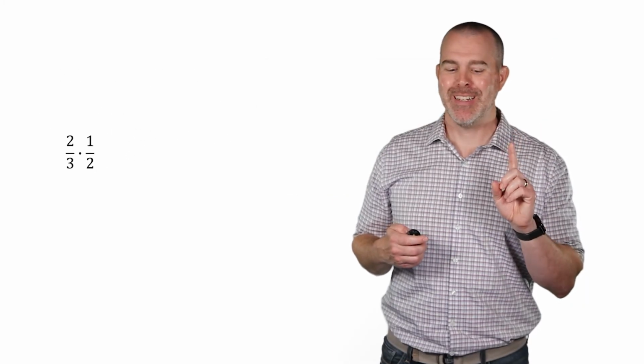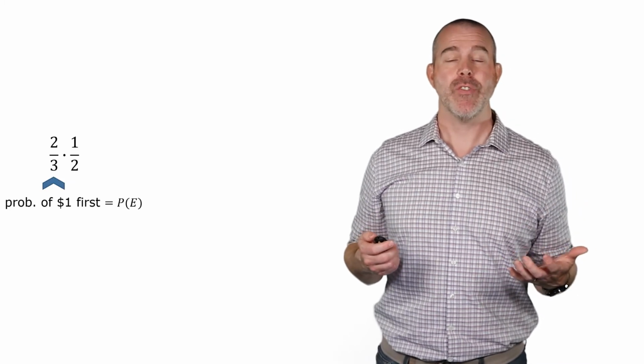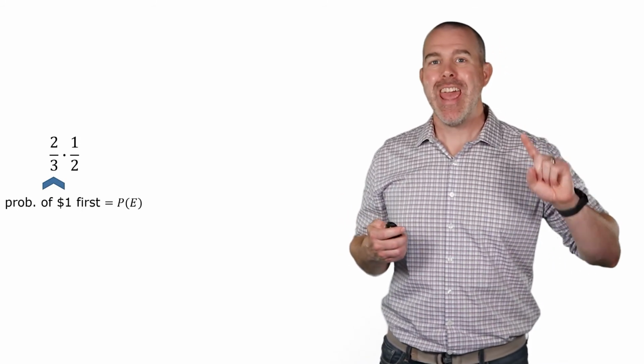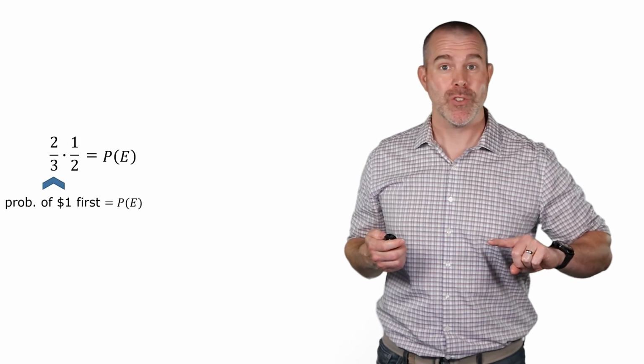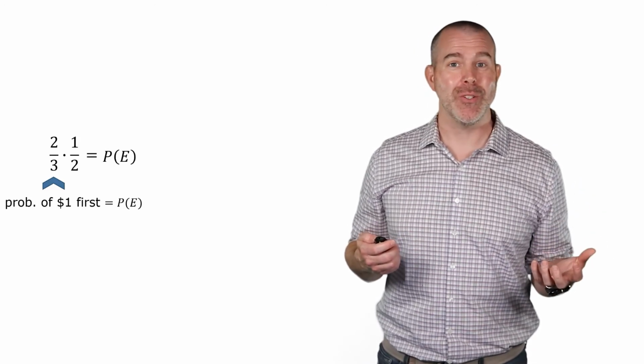Here's the cool part. Take a look at that 2/3 times 1/2. The 2/3 is the probability of getting a dollar on your first. There are two $1 bills out of 3, so 2/3. And then the 1/2 is, if the dollar was picked first, then the probability of getting a 5 would be 1 out of 2.